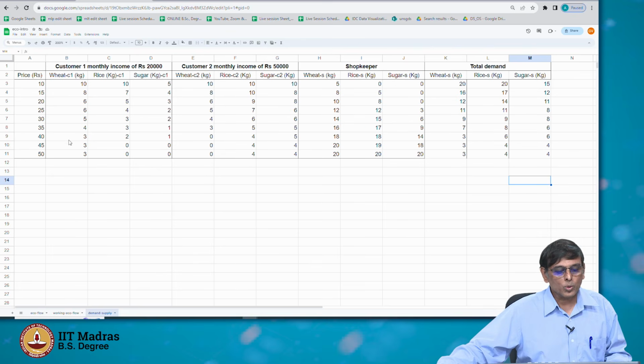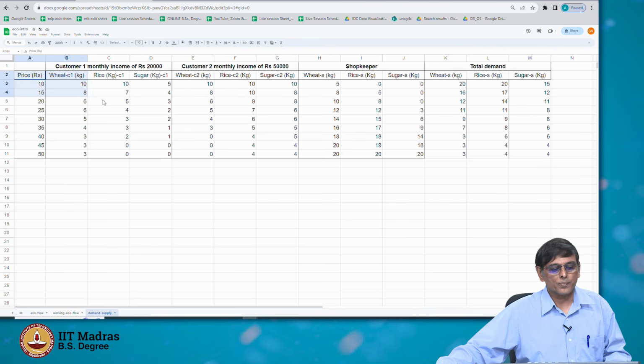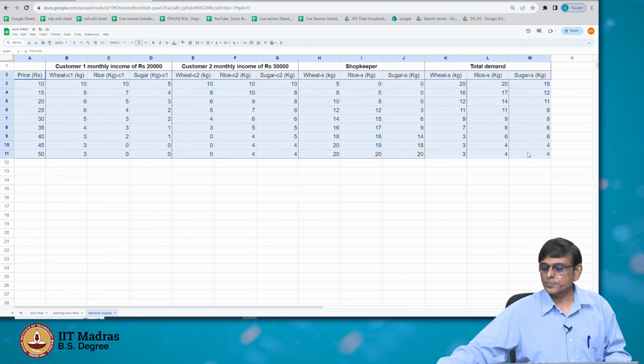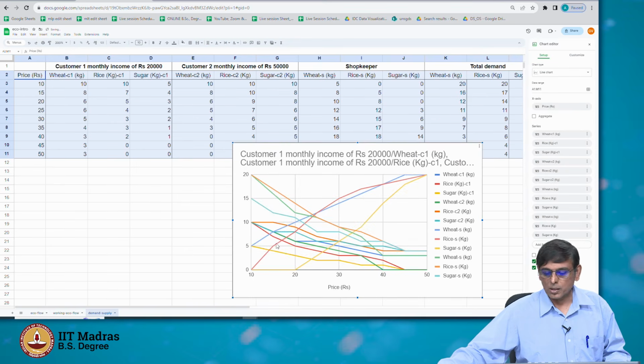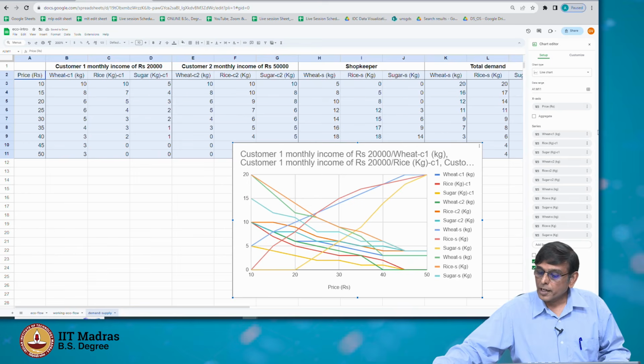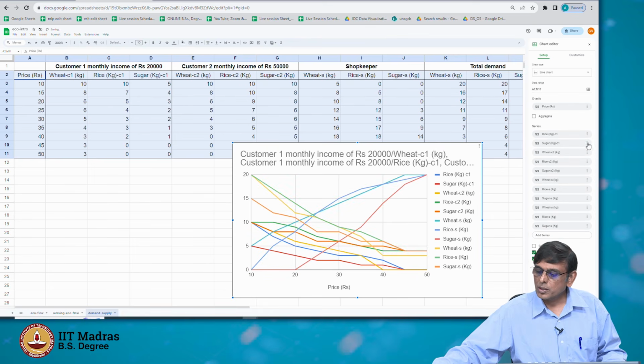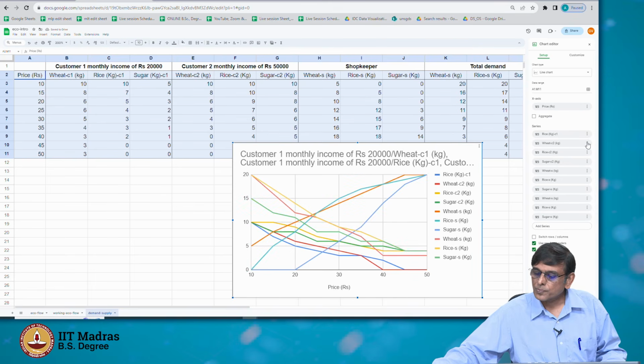And what I want to do now is maybe I will plot this whole thing. Let me insert a chart and take out what I don't need, right? This time I'll do rice just for a change. We did wheat last time. Let me do rice. So let me remove wheat and sugar.